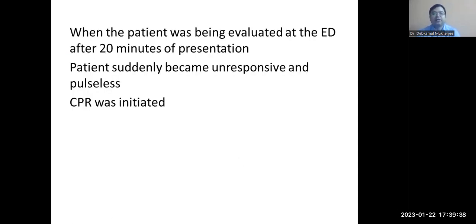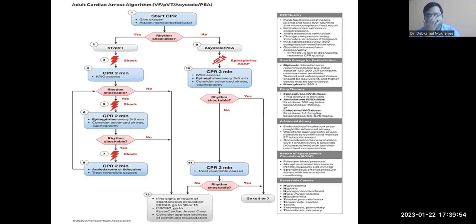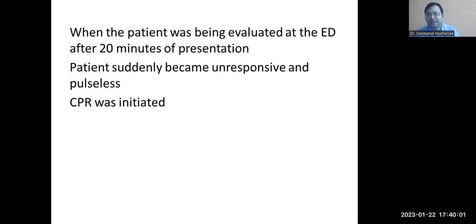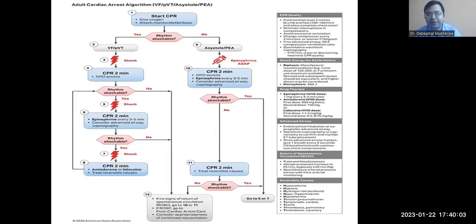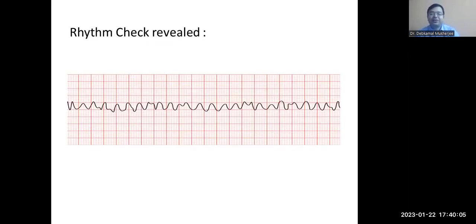When this patient was being evaluated at the ED, after approximately 20 minutes of presentation, he suddenly became unresponsive and pulseless. CPR was immediately started as per the ACLS protocol. He was on the monitor, and the monitor was showing 0 at that point.